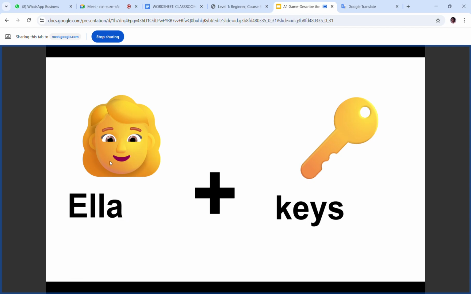This is Ella. The key is Ella's. You can say this is sentence number 1. This is Ella. These are keys, right? Or you can say this is a key, right?